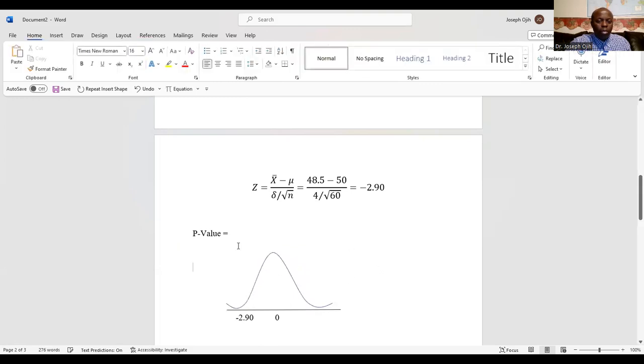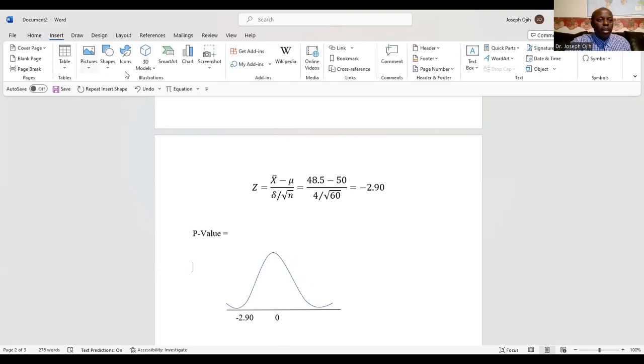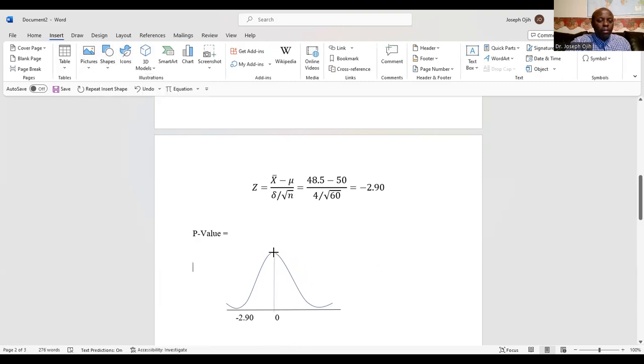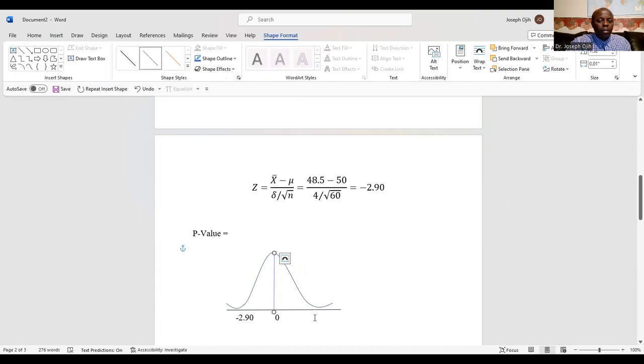So then I'm going to put the center line. Then the 2.90 is right here. So you can see it is at the tail. See, it's at the tail.